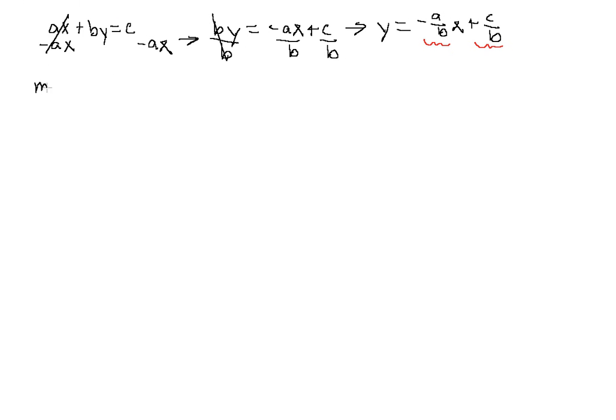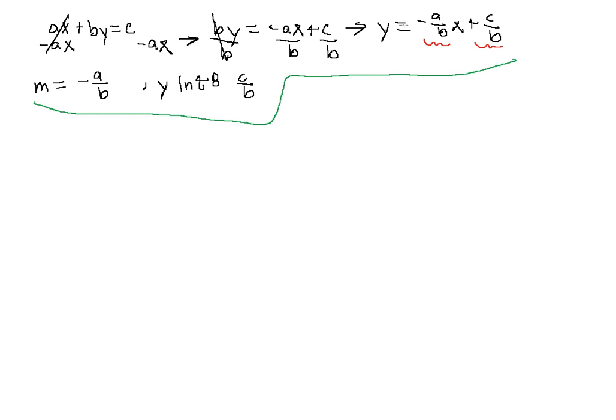So the slope equals minus a over b, and the y-intercept of our standard form equation equals c over b. So we can take a standard form equation and pick these two pieces of information out.